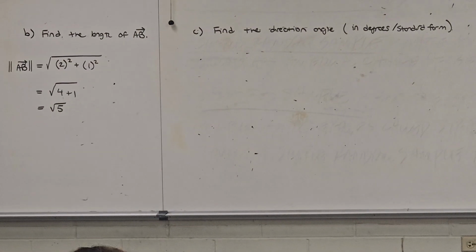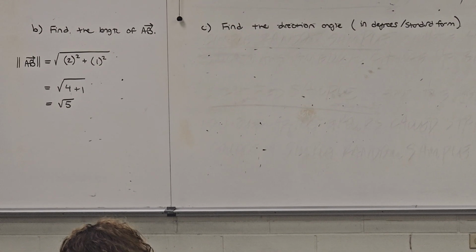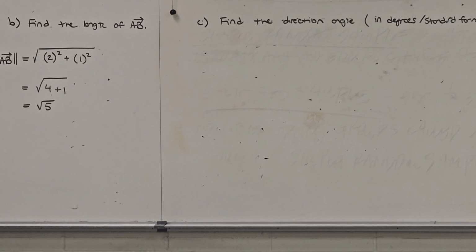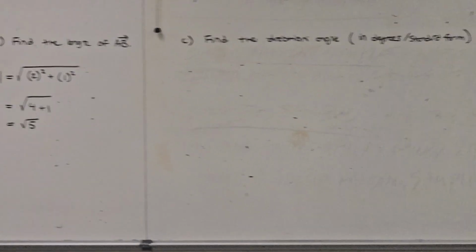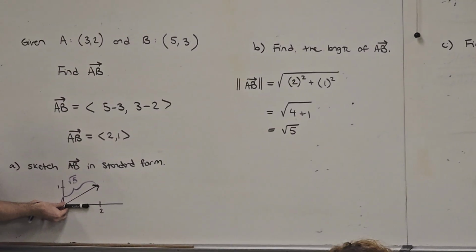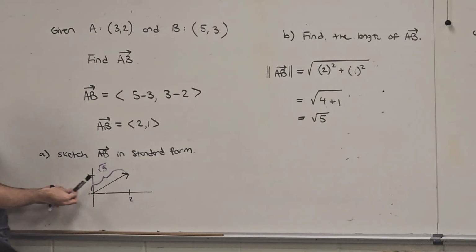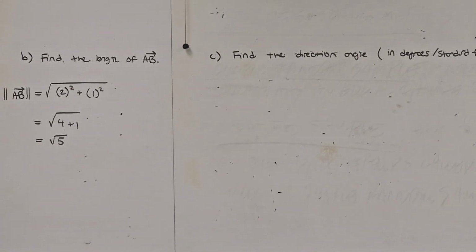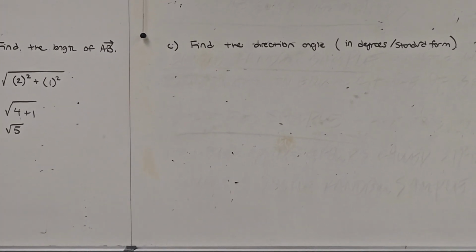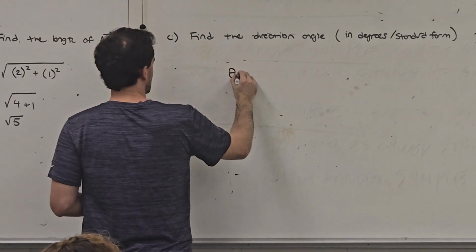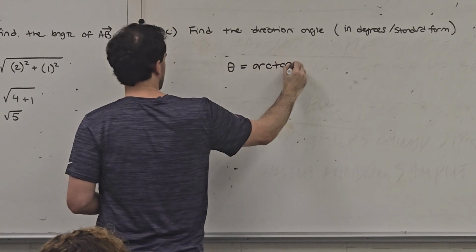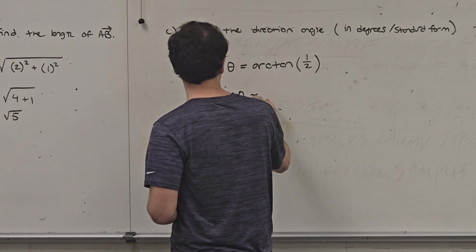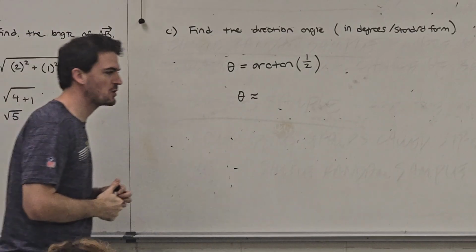Next part, find the direction angle. Find the angle in degrees. And find the angle in standard form. Everything we're going to do is always standard form. So again, starting from the positive x-axis, moving counterclockwise. So I get my angle is the arctangent of 1/2. So I'm just going to go ahead and pull out my calculator.